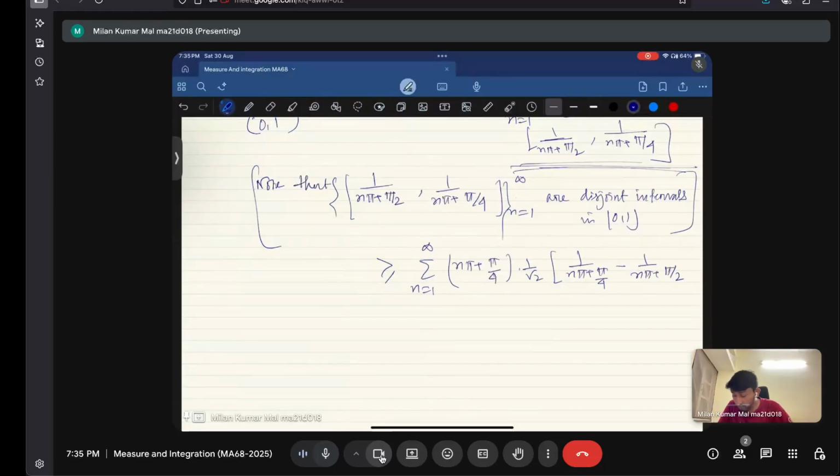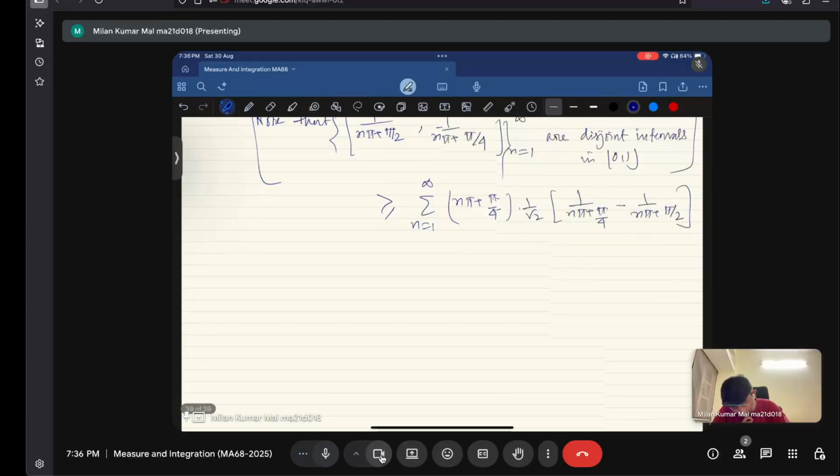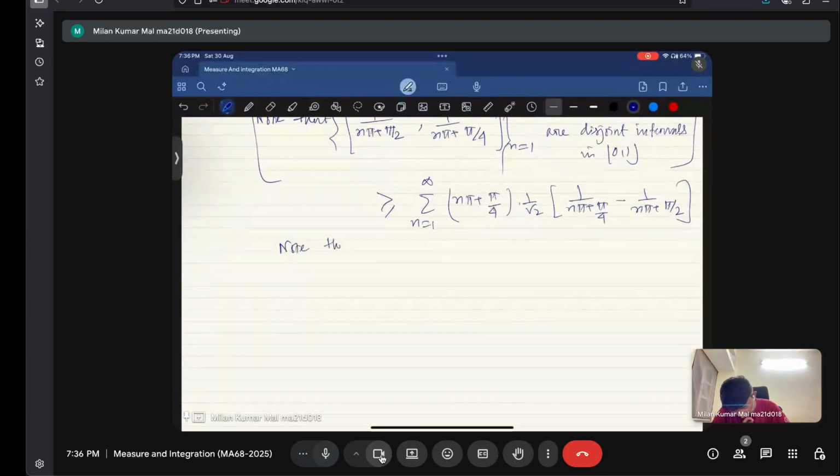Basically we can cancel out and do whatever we want, but after that note that mod of sine 1 by x is greater than or equal to 1 by square root of 2 whenever x is less than or equal to 1 by n pi plus pi by 4.